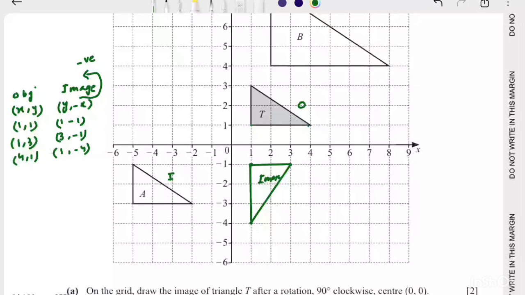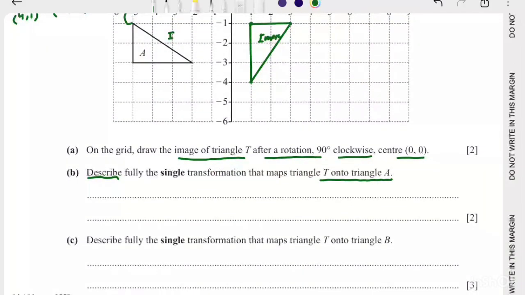So we have to move from here 1 2 3 4 5 6 units leftward, it would be -6, and from here 1 2 3 and 4, -4 units downward. So as we have to describe, we have to write here, it is a translation, and the translation vector is -6 and -4. This is the answer.